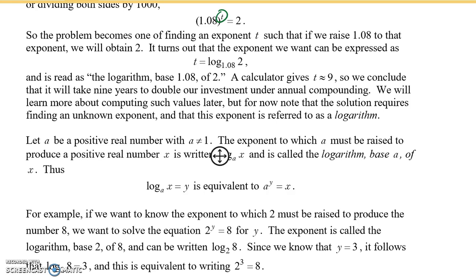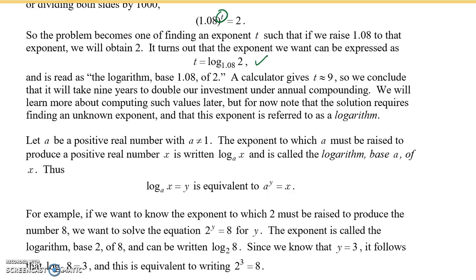So the exact value of this exponent is written as this logarithmic expression, which, if you're not familiar with logarithms, and even if you are familiar with them, is kind of an unusual looking notation. And it does not look like an exponent, but that's actually what it is. So it's read logarithm base 1.08 of 2, or just log base 1.08 of 2.